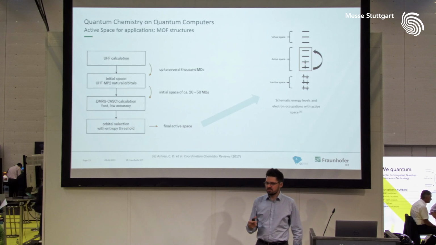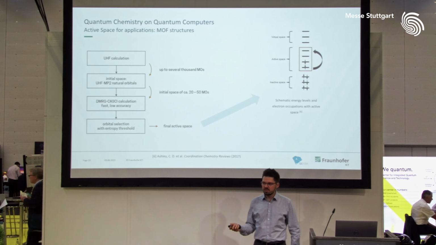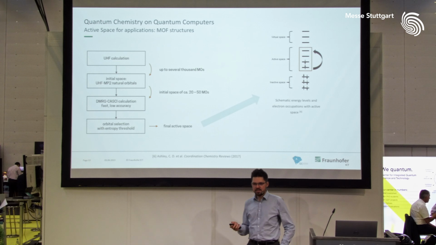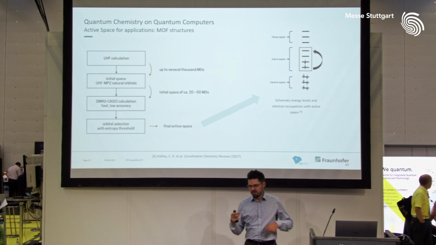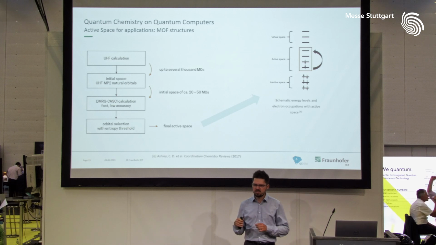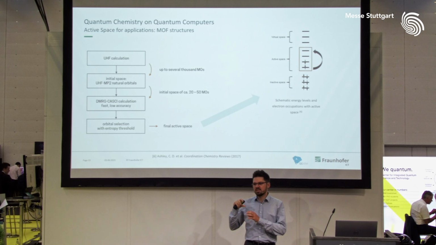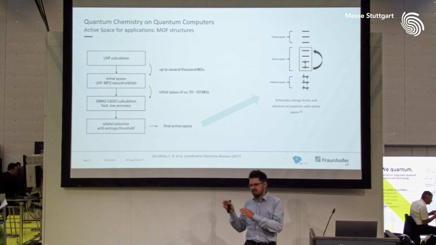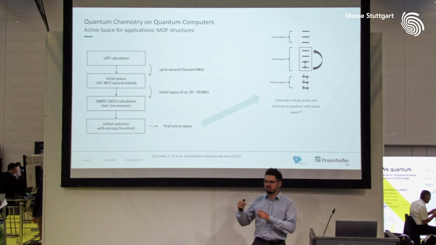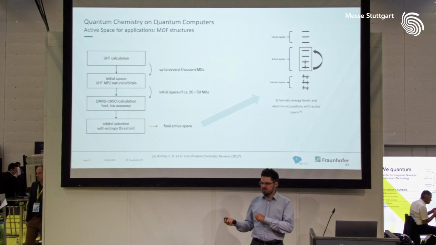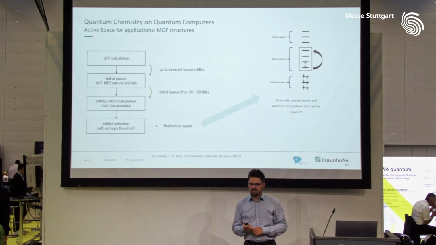And as soon as we have the approximate solution of the molecule, we can select the active space based on the entropy of the orbitals. So entropy means in that sense that we look, is this orbital all the time just completely full or completely empty, and then we aren't interested in it, or is it partly filled and interacts highly with other orbitals? Then we are interested in it and put it in the active orbital.